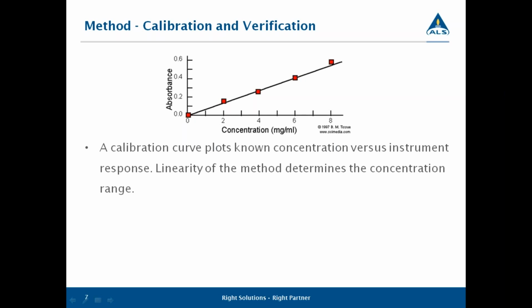So here it looks like we have four standards, and 2 is the lowest, so that would be where the MRL is, and the MDL is somewhere below 2, some statistically derived value below 2, and 8 is the highest standard.